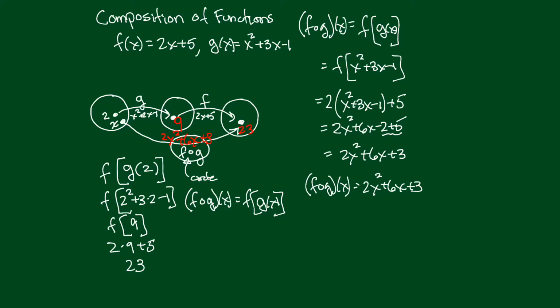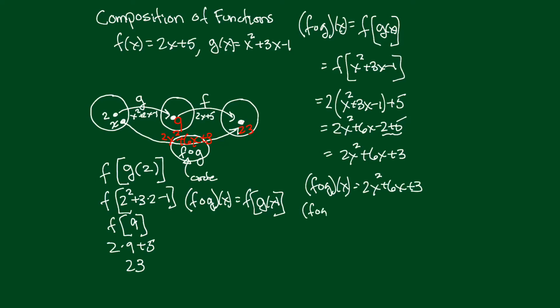Now let's test it. What we're saying is that this rule right here should take us from the beginning, skip the middle, all the way nonstop to the end. So we know what we're supposed to get if we use a 2, right? A 2 went to a 9, a 9 went to a 23. So all in all, 2 goes to 23. Let's see if we can get there directly. So I'm going to compute this.